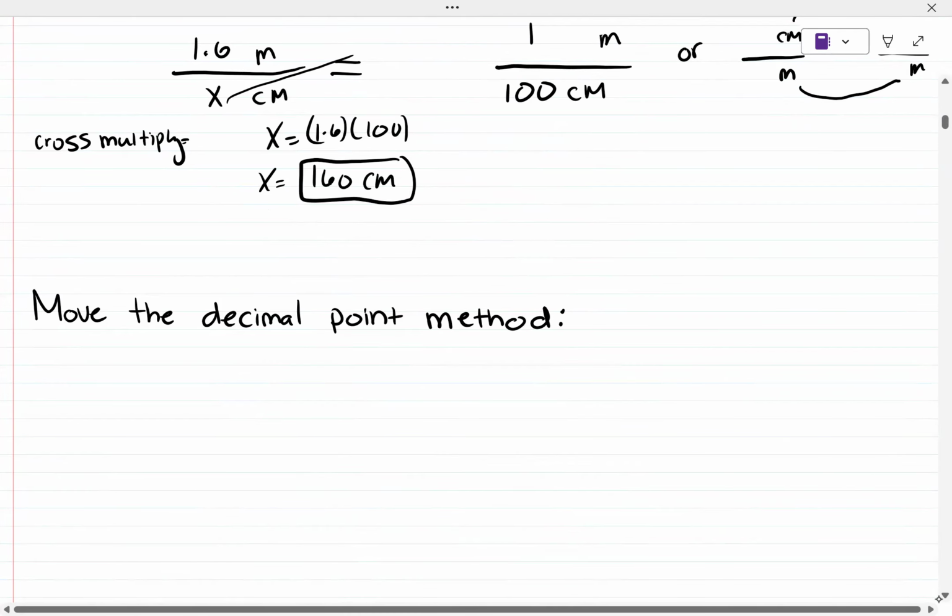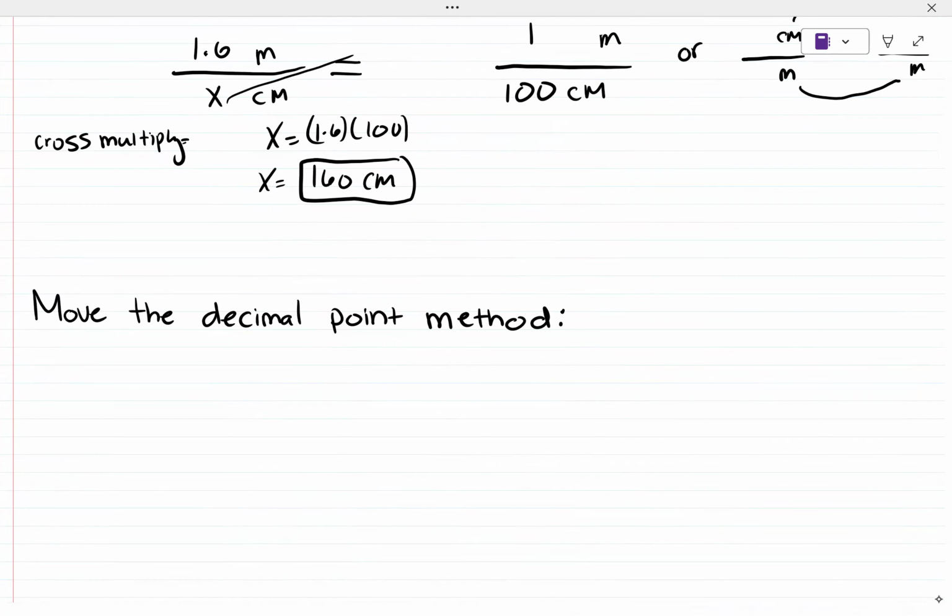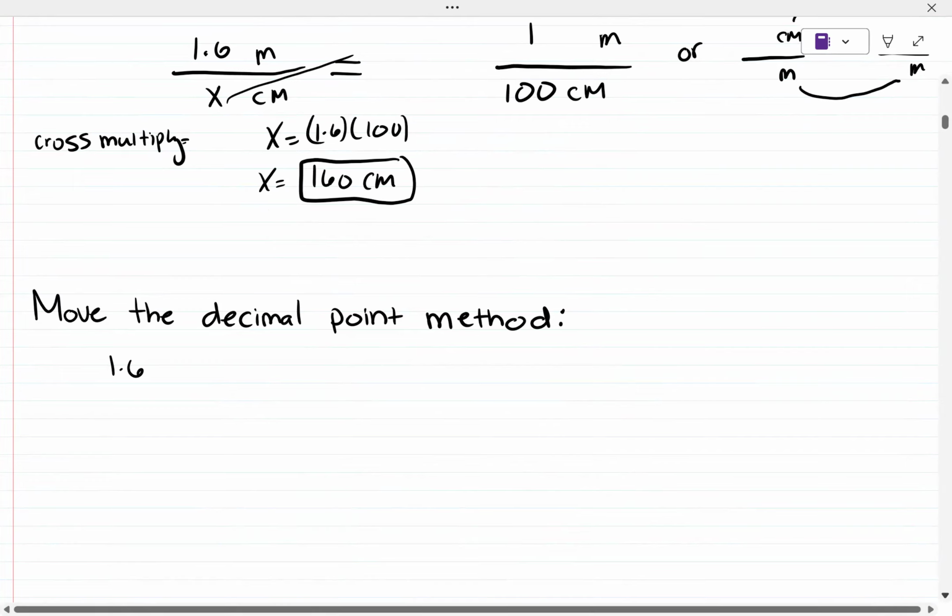So what you gotta know is, what we are given is 1.6 meters, and we got to figure out how many centimeters we have, right? So what you need to know is we are going from a larger unit measure to a smaller unit measure.